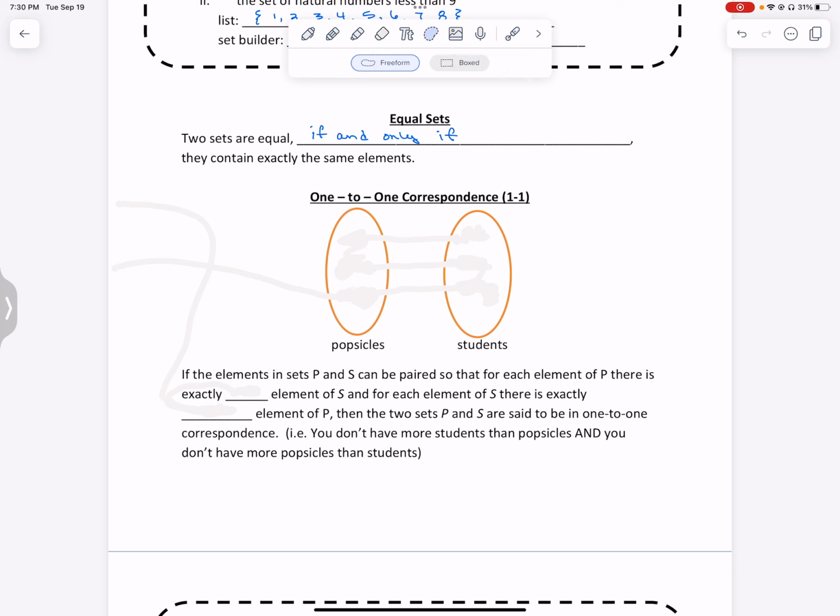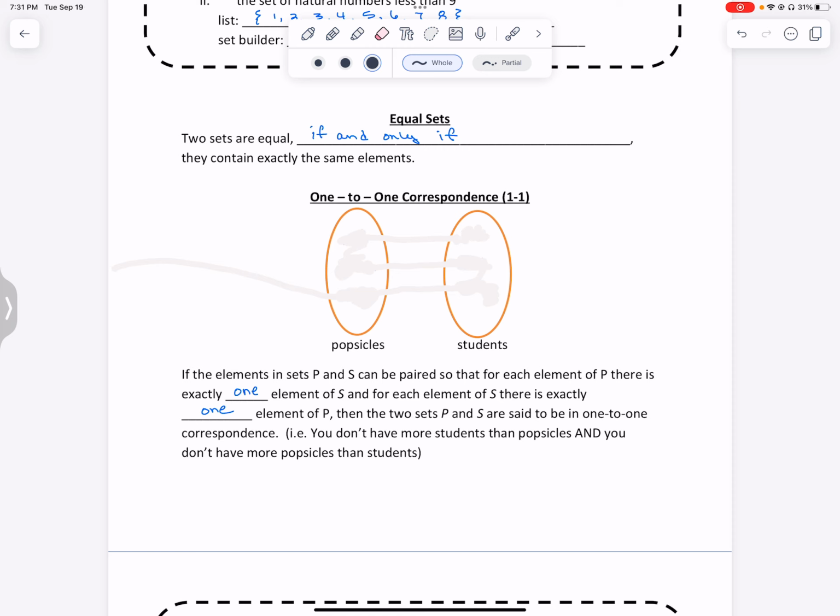If the elements in the set P can be paired with the elements in S so that for each element of P there is exactly one element of S, and for each element of S there's exactly one element of P, then the two sets are said to be in one-to-one correspondence.